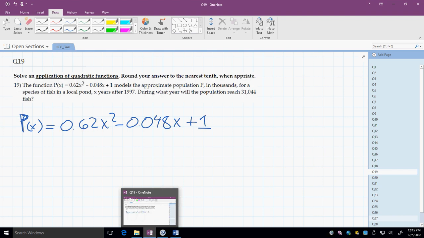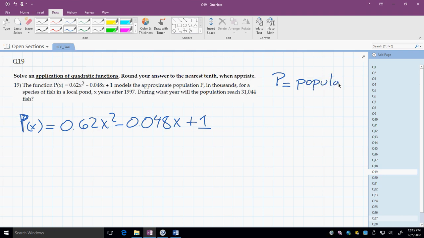They're talking about species of fish in the local pond. x is in years, and we are starting at the year 1997. They also want us to figure out in which year the population will reach 31,044.